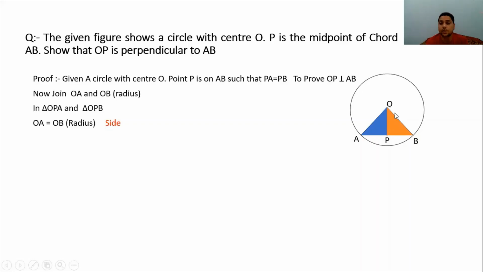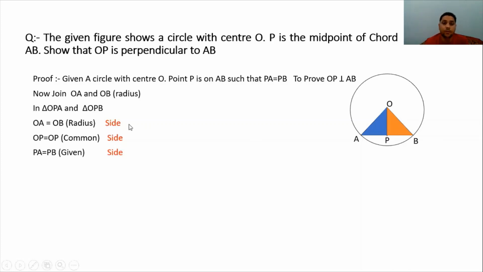So two sides of the triangles, OA and OB, are radii of the circle. Then we have the common side OP. These two triangles have a common side OP. Next we have PA equal to PB. We have the condition that P is the midpoint of chord AB, so PA is equal to PB.